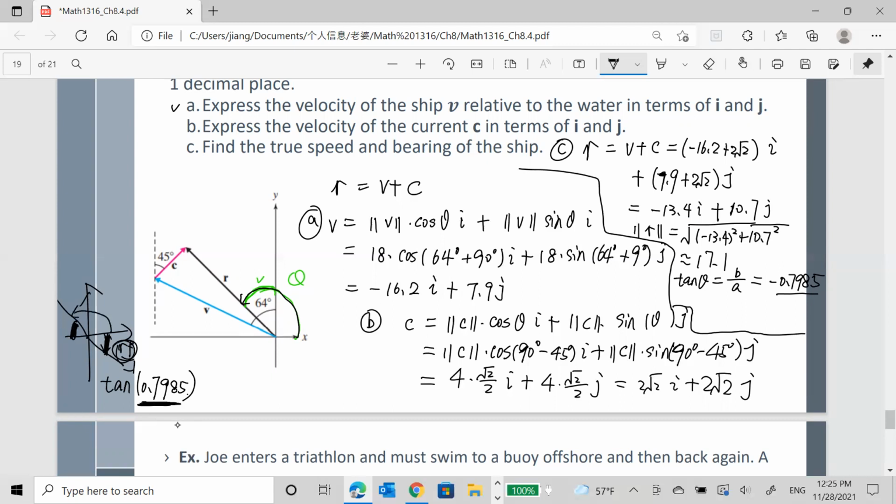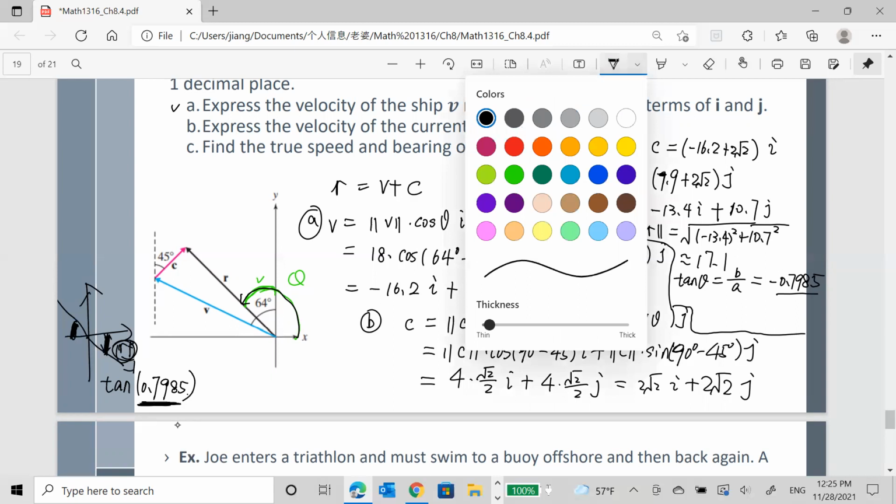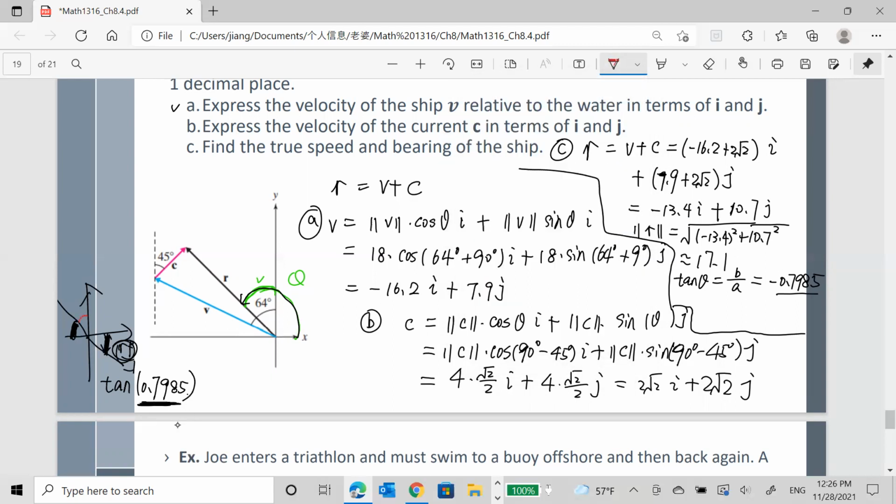If you don't want to find theta, because we are only looking for the bearing, this one, then if we have the reference angle, use 90 degrees minus the reference angle, and we can find the bearing of R. So let's find this first.